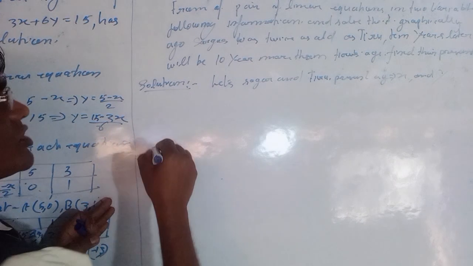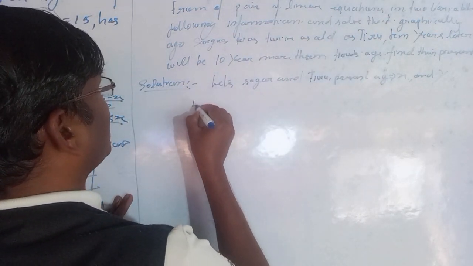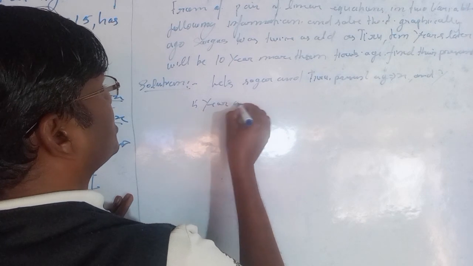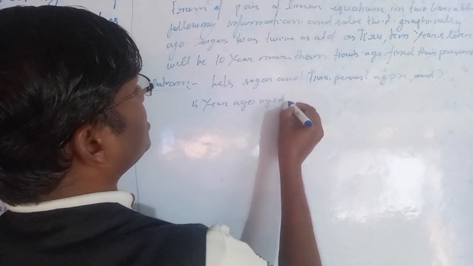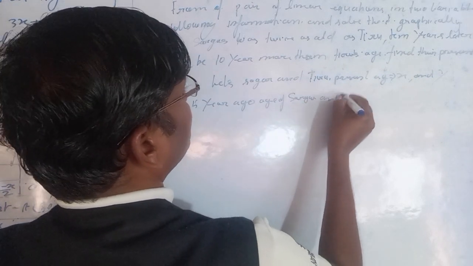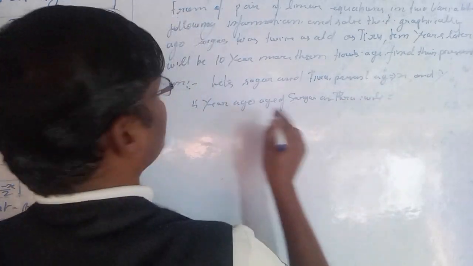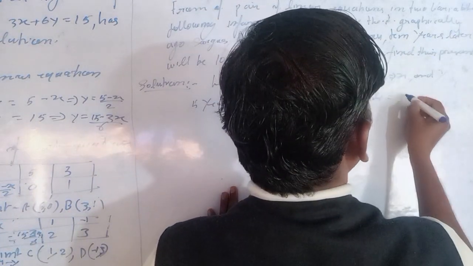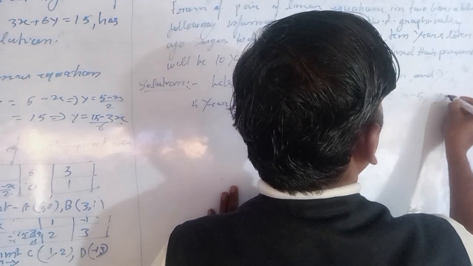Okay, 5 years ago, the ages of Sagar and Tiru will be x minus 5 and y minus 5.